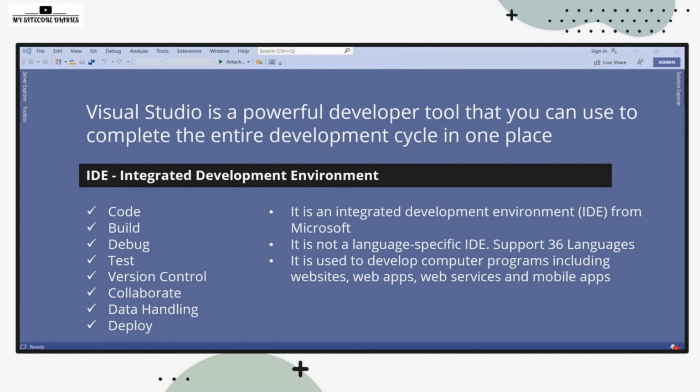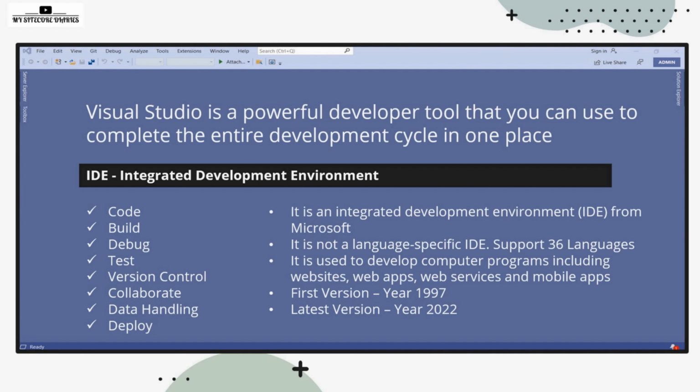So basically we have cross platform support. You can develop mobile apps, websites, web services. The first version of Visual Studio came in the year 1997 and the latest version is year 2022. So currently the latest version is Visual Studio 2022.